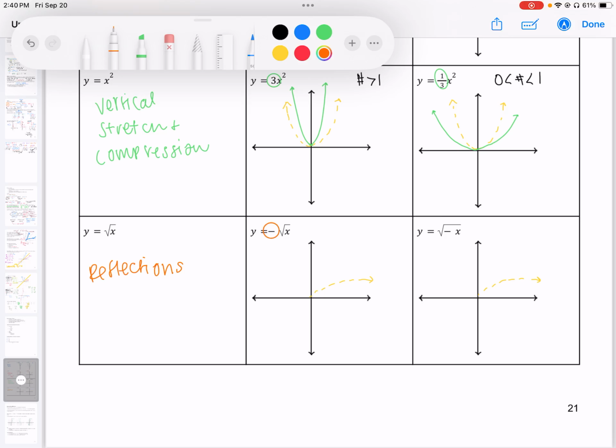Outside of the root means that we are reflecting over the x-axis. And then that means when there is a negative inside the root or inside parentheses or inside the absolute value bars, we are reflecting over the y-axis.